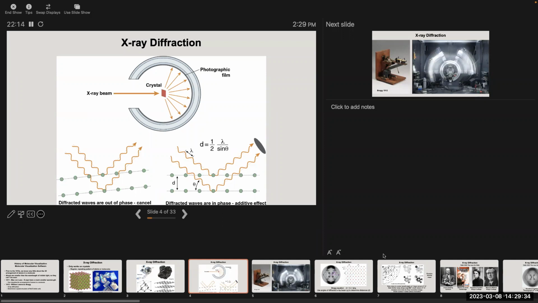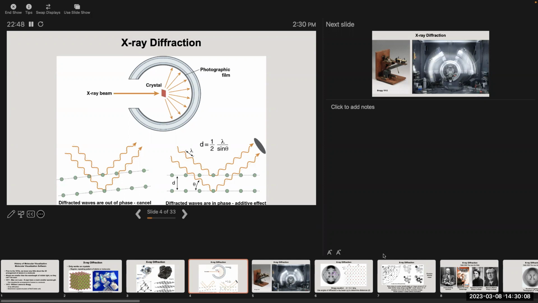And the angle over here on the right is equal to the angle over here on the left. I'll call both the angle theta. So just by measuring the position of that black dot on the photographic film, you can figure out what the angle theta is. So we know the wavelength of the X-rays, we measure the angle theta directly off the photographic film, plug it into that simple equation, and you get d, which is the distance between repeating objects in the crystal.